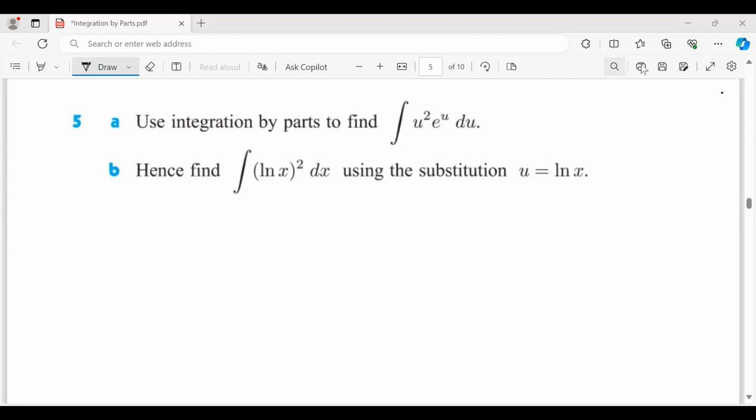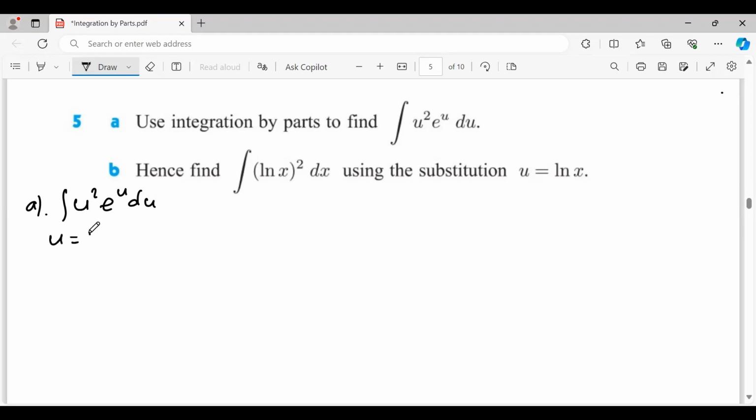Okay, next, number 5. Use integration by parts to find the integral of u squared e power u du. Hence, find the integral of ln x squared dx using the substitution u equals ln x. Integral of u squared e power u du.